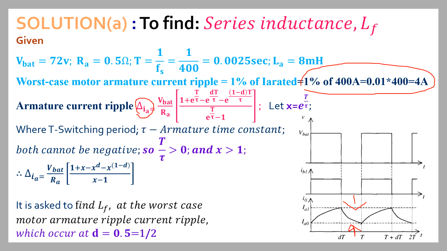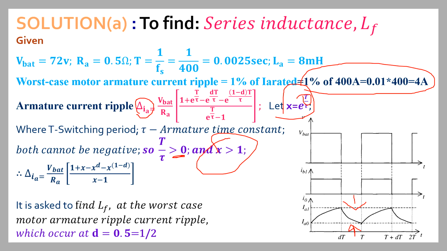To make the mathematical calculation simpler, let us assume the value of e power t by tau as x. t is a positive number and tau is also a positive number, so the ratio t by tau should be greater than 0. As it is greater than 0, x will always be greater than 1.